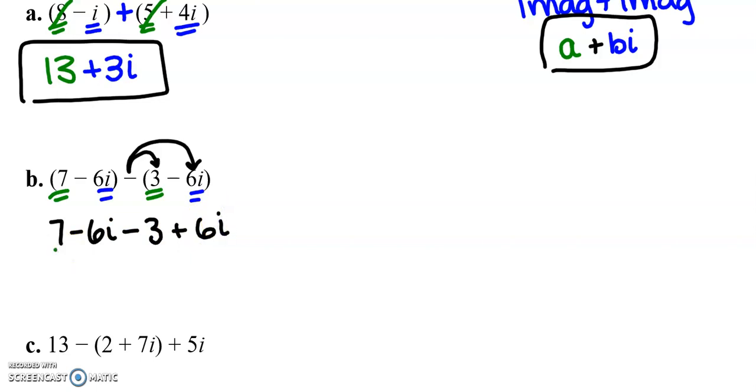So now when I combine these, 7 and negative 3 makes 4. Negative 6 and positive 6 makes 0i. So you could leave your answer like this, but if we don't have any imaginary part, we ended up with just a real answer of 4.